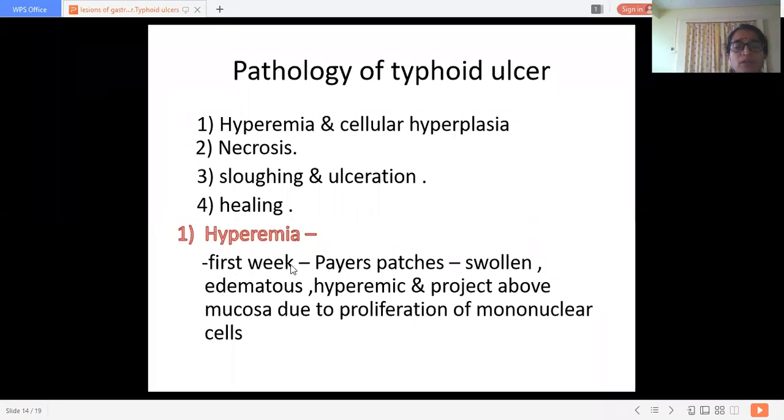This happens in the first week, when the organism infects the Peyer's patches the second time, not at the stage of transient bacteremia but in the secondary bacteremia.